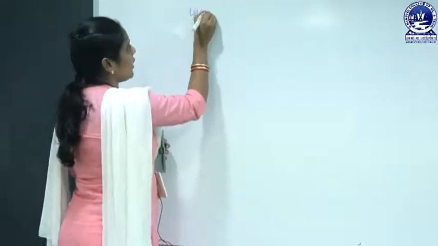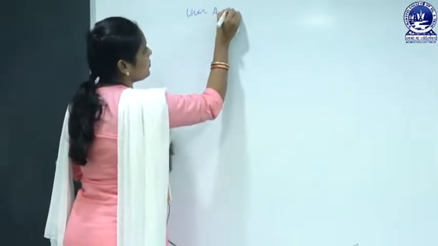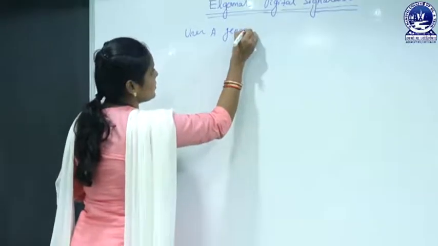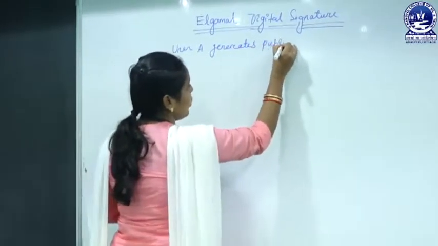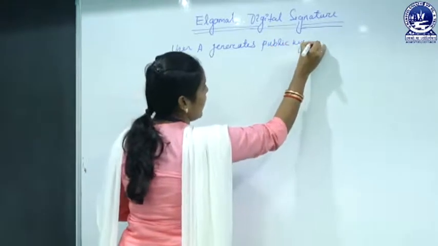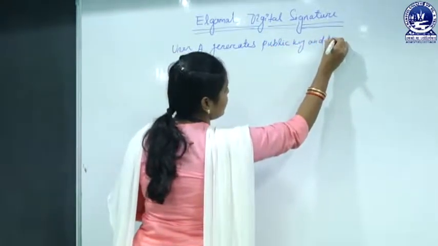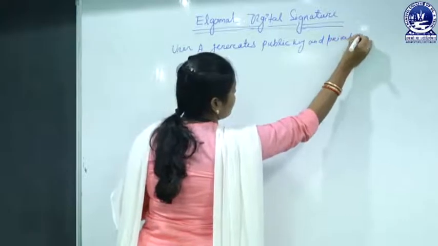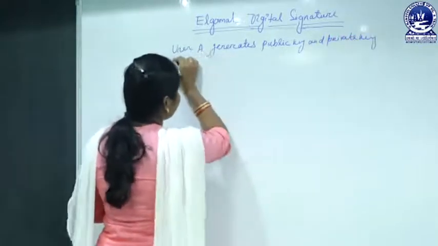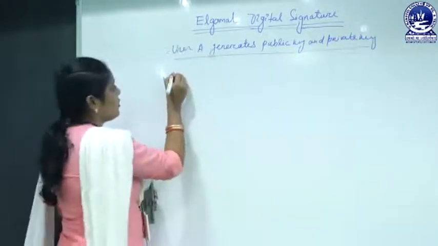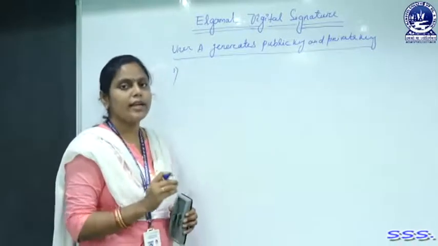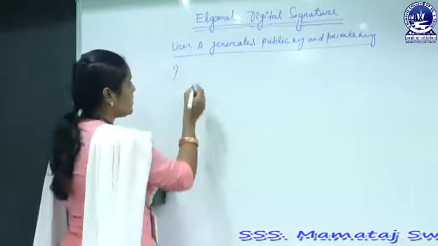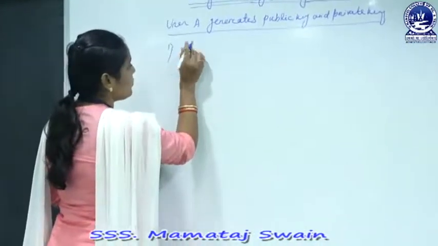The user A generates public key and private key. Here in the first step, the user A selects a random integer that is xa.